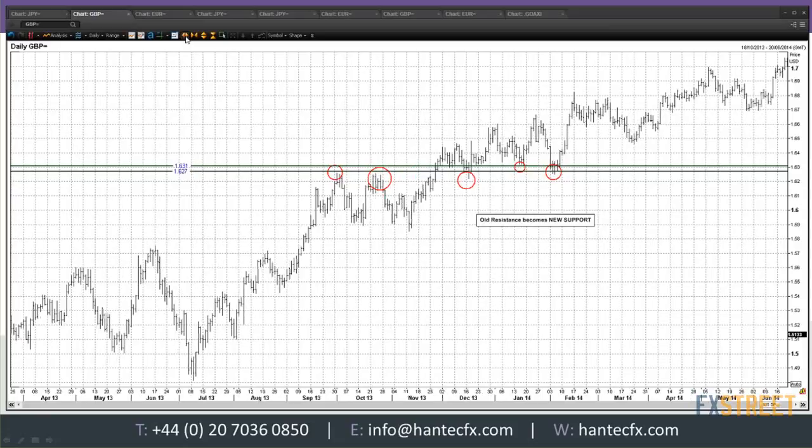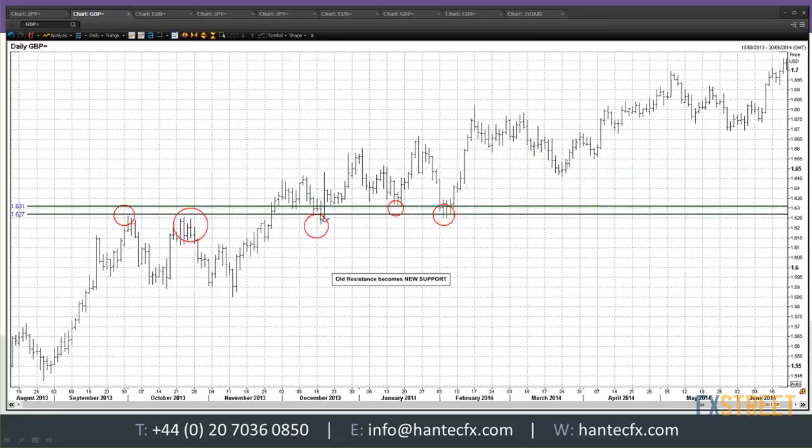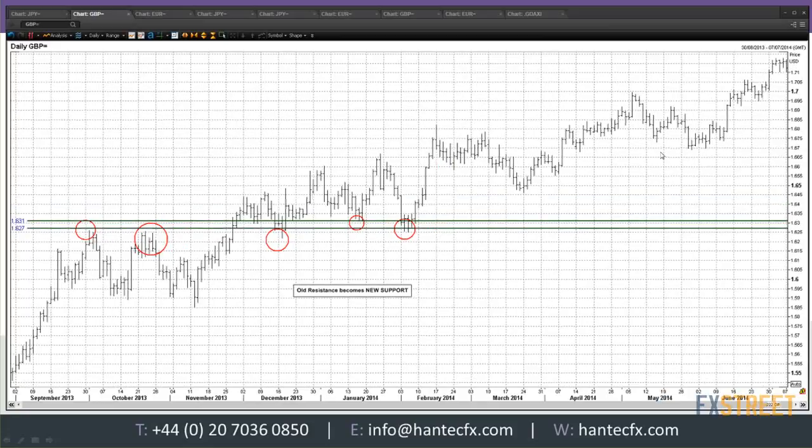And you start to see this band of resistance becoming the basis of support through December and January and into February, and that would suggest that the old resistance has become new support, and cable starts to move away from there. So very interesting on the cable there, that worked very well.